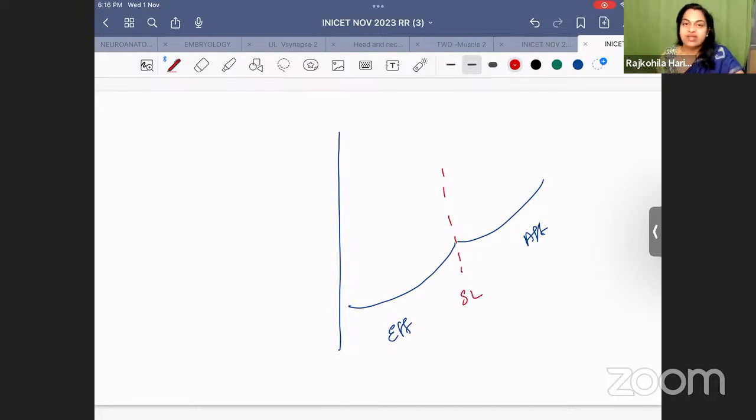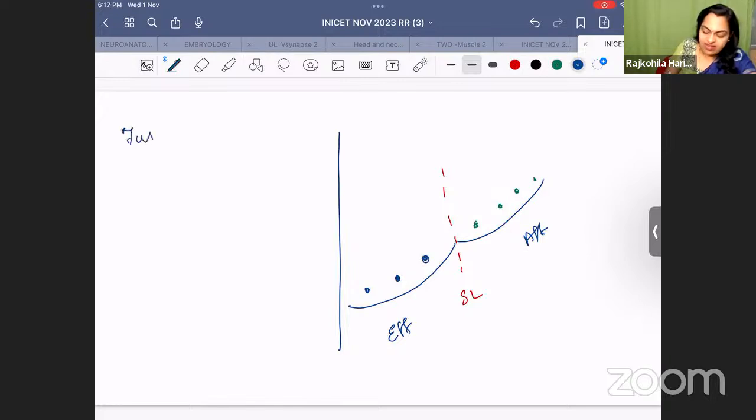Medial to the sulcus limitans is the efferent column and lateral to it is the afferent column. How many columns are there in the efferent motor? We have 3, and afferent 1, 2, 3, 4. Very easy, right? Efferent and afferent, motor and sensory.